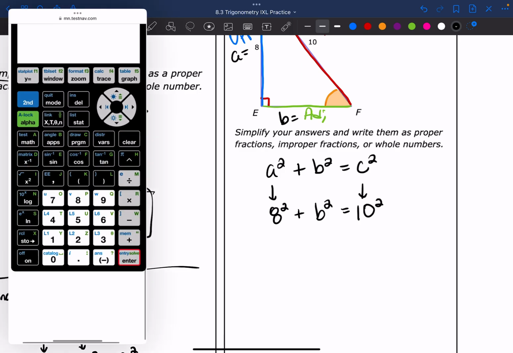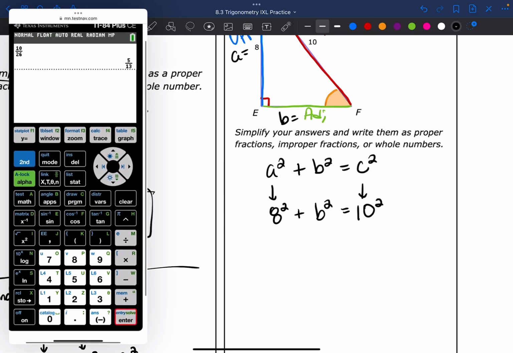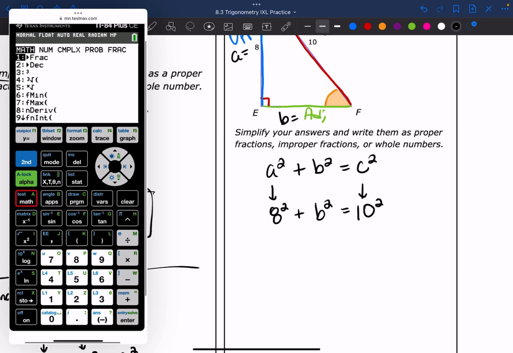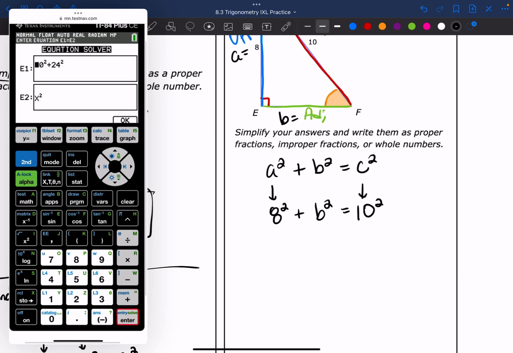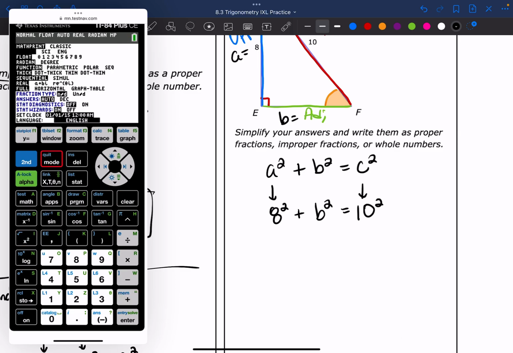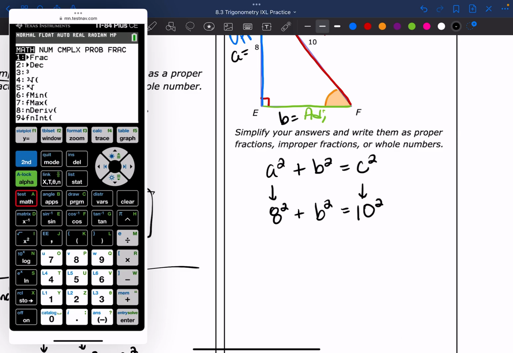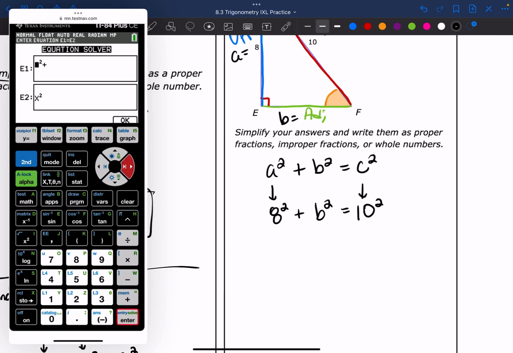Grab my calculator. Quickly do numeric solver to find that for me. I can do it by hand if I wanted to, but I'm just going to do this for convenience. So 8 squared plus x. Oh, clicked on the wrong one. Sorry about that. 8 squared plus x squared. Drop down, put in my c squared, which is 10 squared.